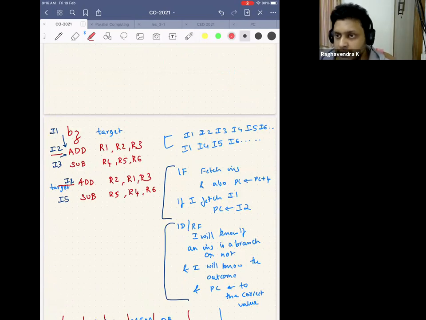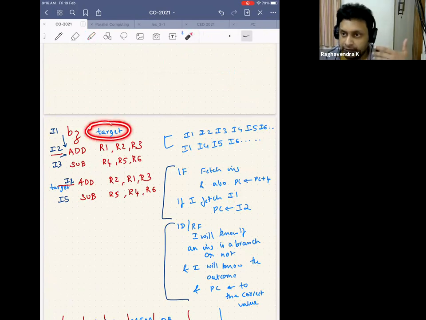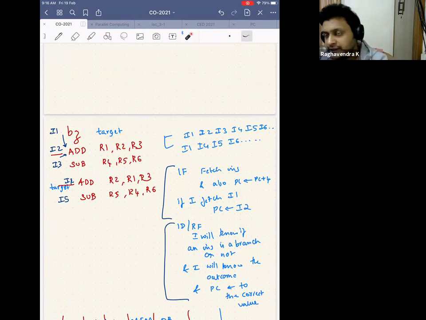It will be a complex branch instruction, which means that I will know the outcome of the branch very late in the pipeline, but I will know the target address very early in the pipeline. So if I have a predictor which tells me predict taken, it makes sense.